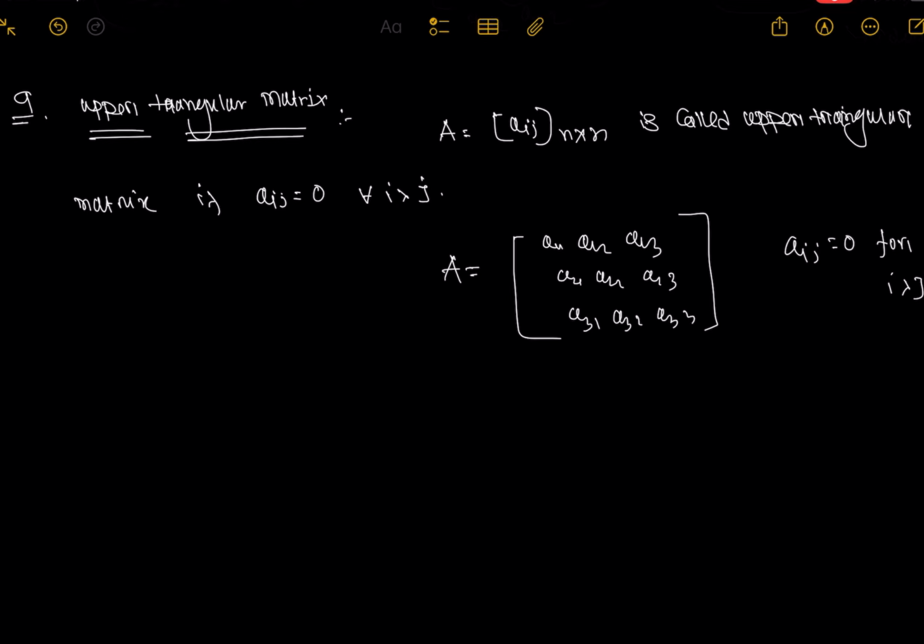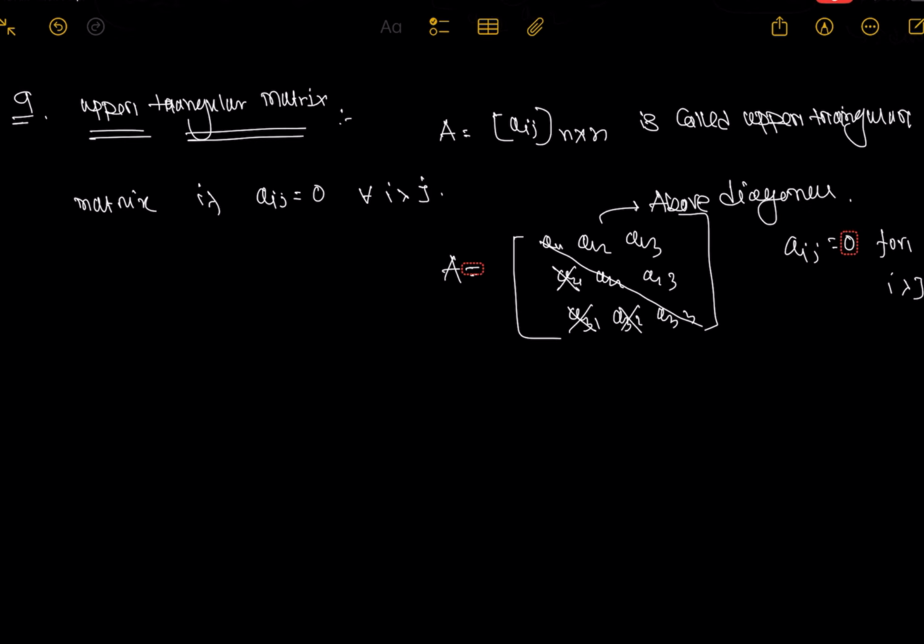I greater than j implies that this goes to 0, this goes to 0, this goes to 0. So this is the diagonal, this is above the diagonal. Above the diagonal, there should not be a restriction. Some of them may be 0, but not all are 0.